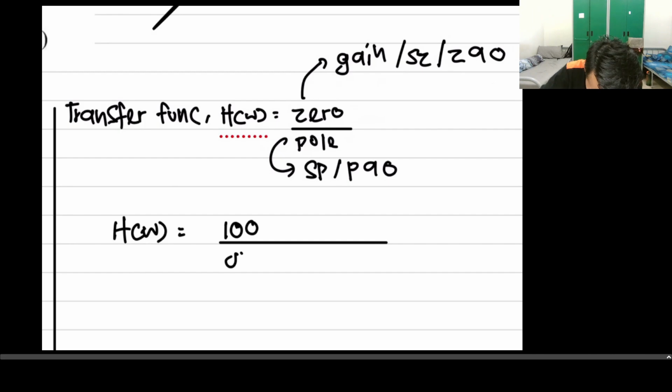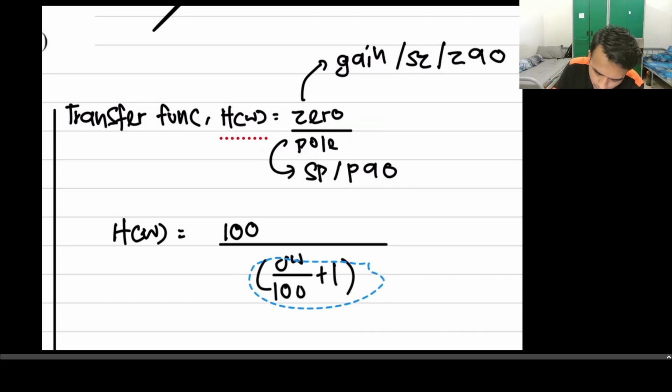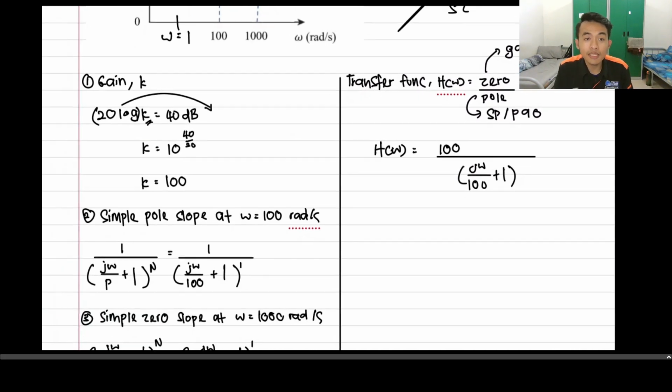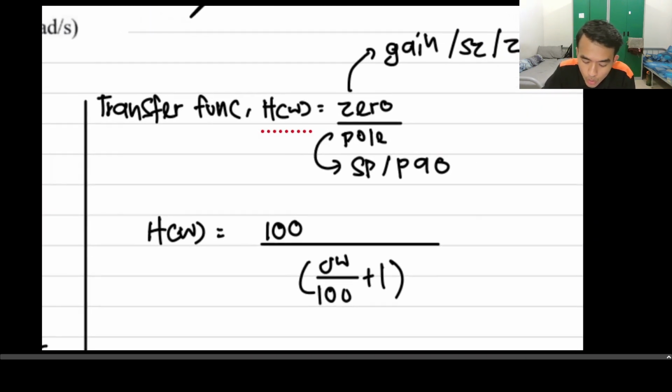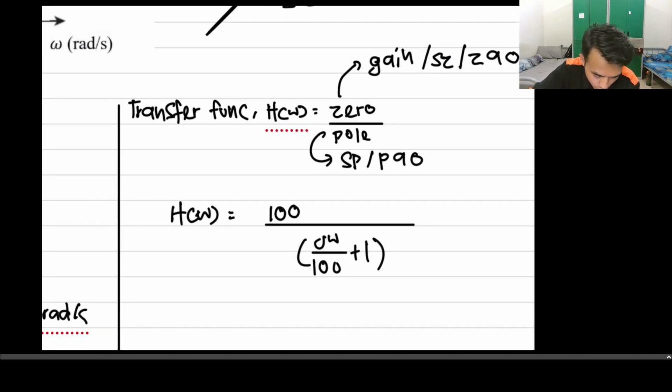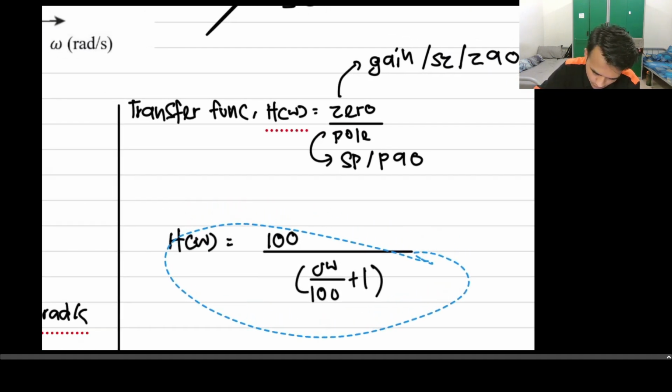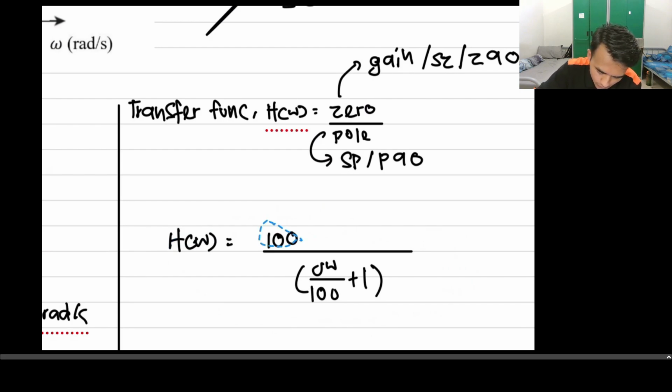So (jω/100 + 1). And the last element is simple zero, which we must put at the numerator. So (jω/1000 + 1).